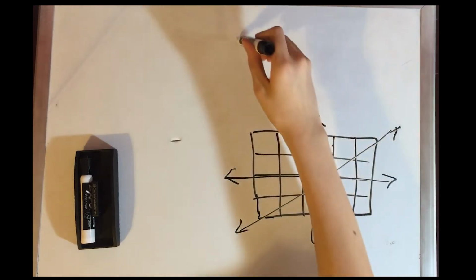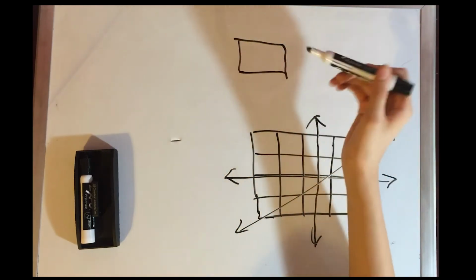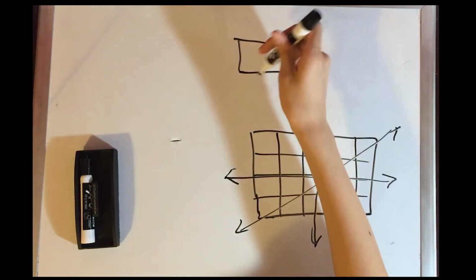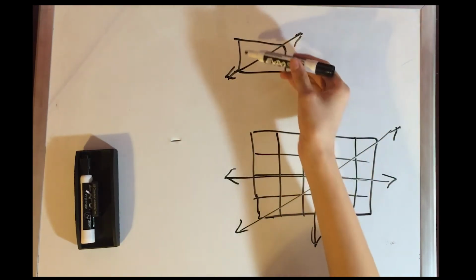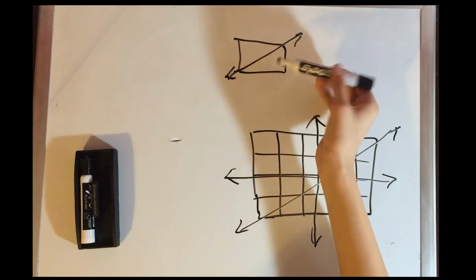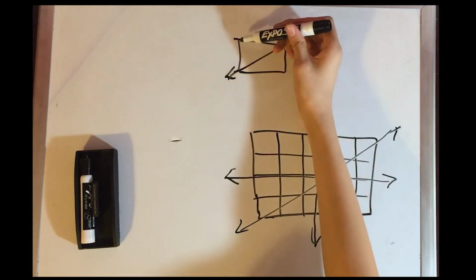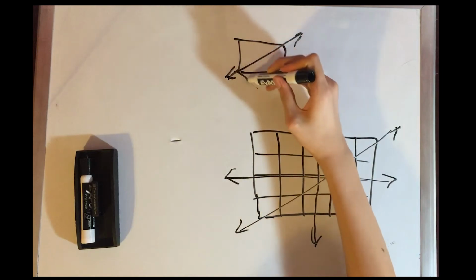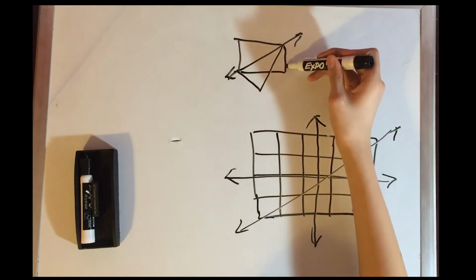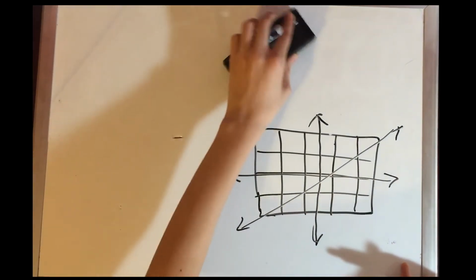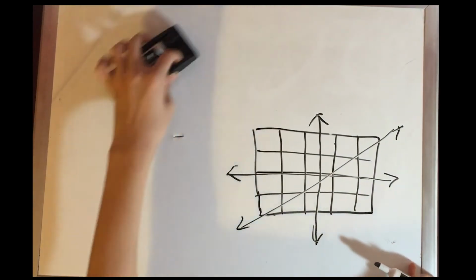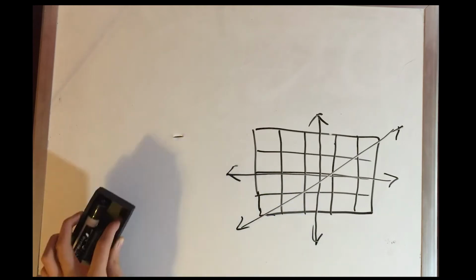If you have any kind of rectangle that is not a square, the diagonals are never lines of symmetry. It may look congruent to this side, but if you flip it over, it actually overlaps over a different area than this triangle right here. So the diagonal is not a line of symmetry unless our rectangle was a square.